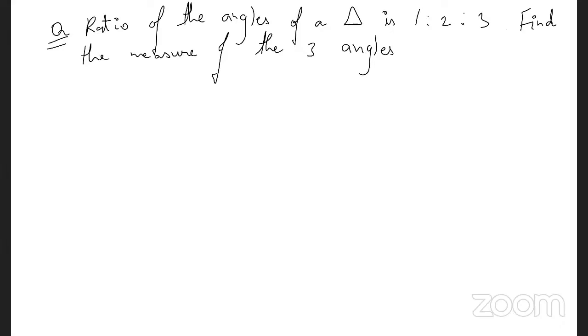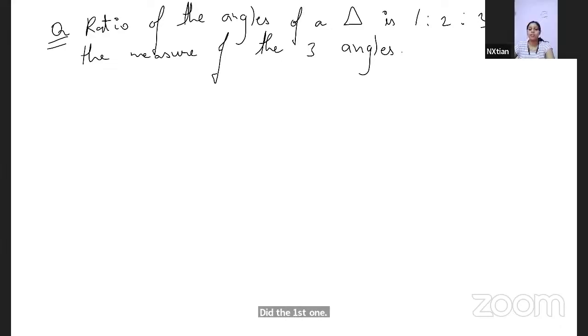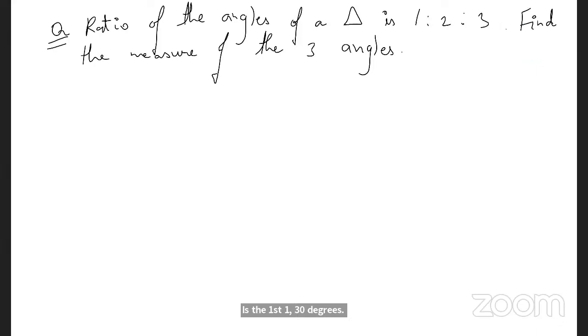Okay. Now we will assume that the ratio 1 is to 2 is to 3, we can take them as x.